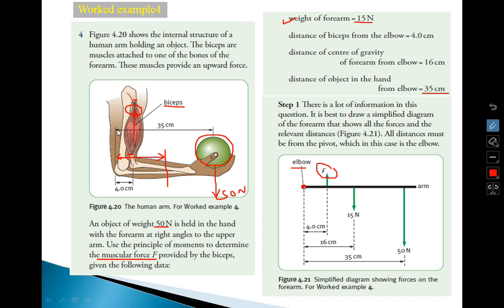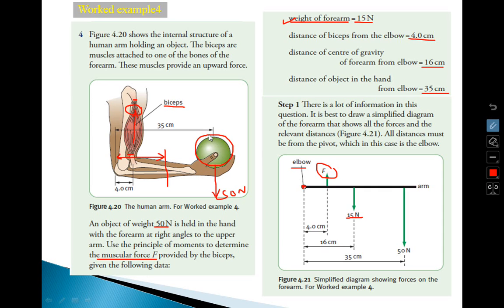Keep moving here until we find another force of 15 Newton, which is the weight of the forearm. So the weight of this one, for example here, is equal to what? 15 Newton with a distance of 16 centimeter. The distance of the center of gravity of the forearm from the elbow is 16 centimeter.